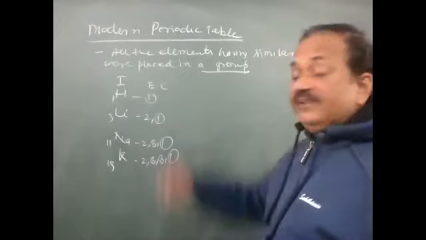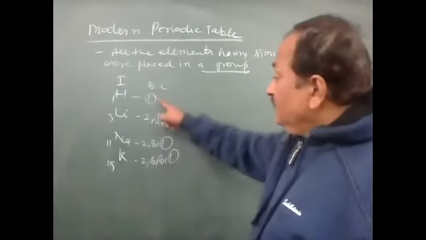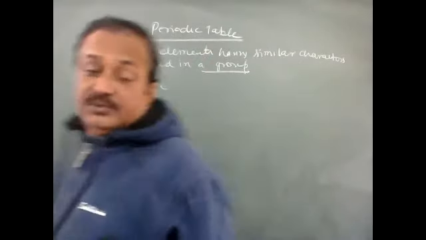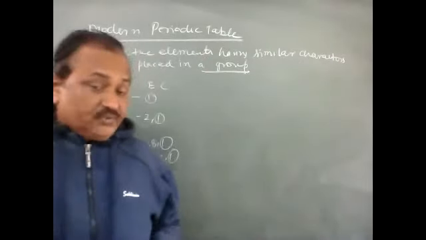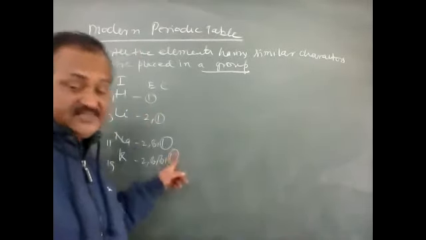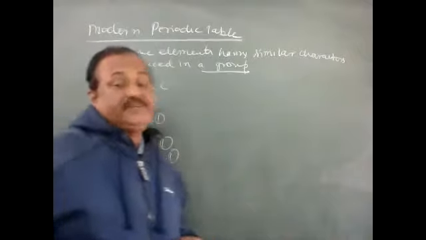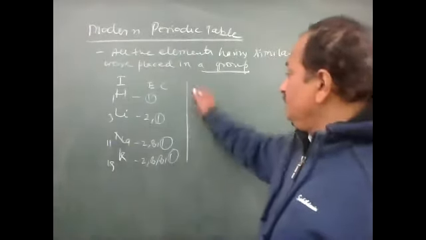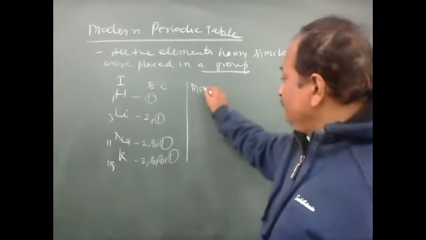And a very important point is that all the elements have the same 1 electron in their outermost orbit. That's why all the elements of a particular group, this is the first, have the same feature. They are monovalent.